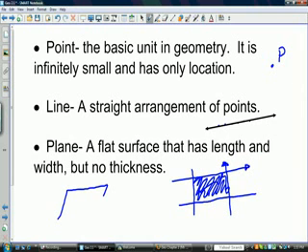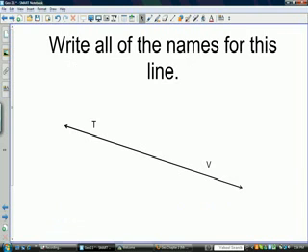And sometimes it's represented like that. So these are examples of a plane. It's just like a flat sheet of paper, but so thin that it doesn't exist, and it goes in all directions, up, down, left, and right, but it has no thickness.